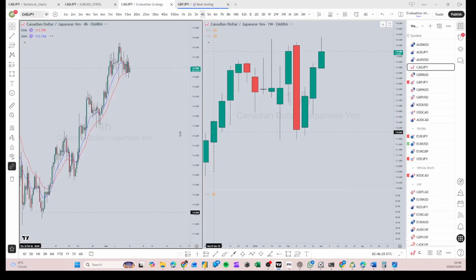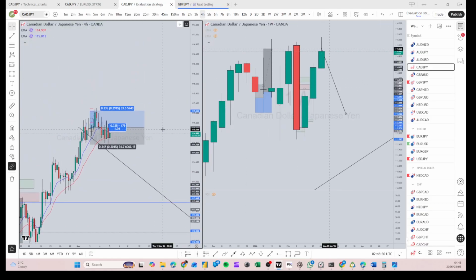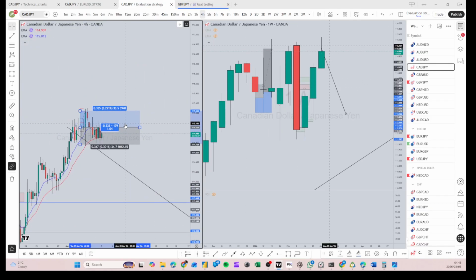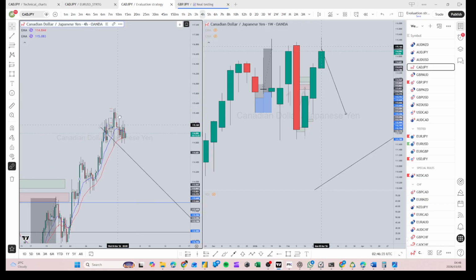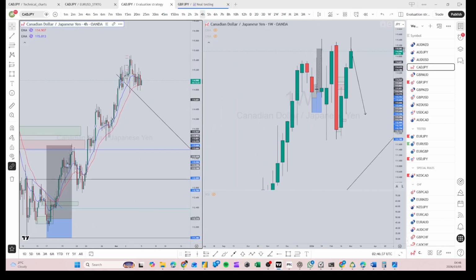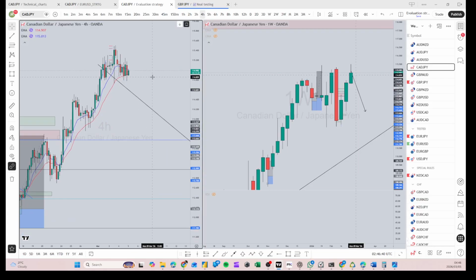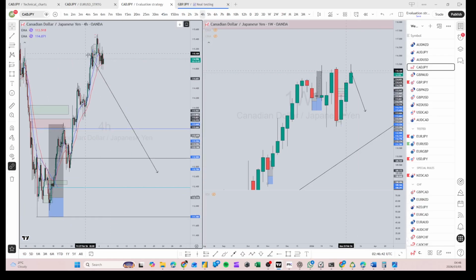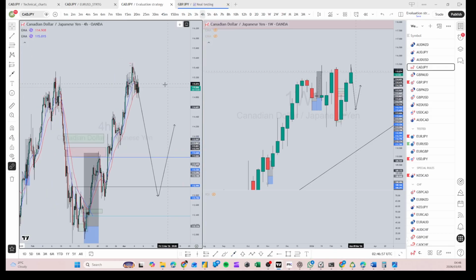And then on the CADJPY, also here I didn't take a trade because the market structure from the weekly is stable to the upside. So what I would like to see here is a continuation down somewhere, maybe even to this level right here, and from this level we can look for a move higher.